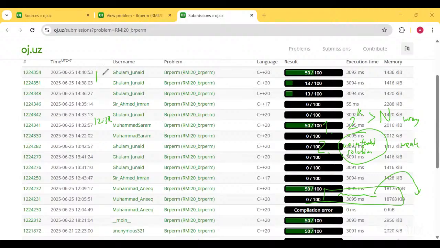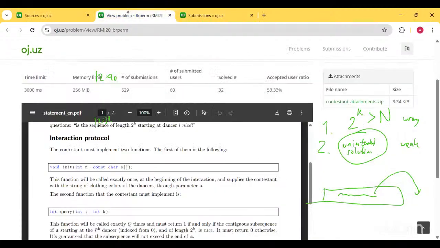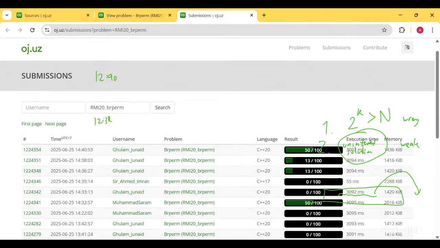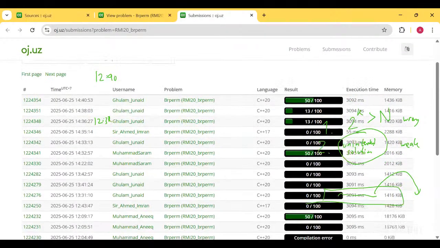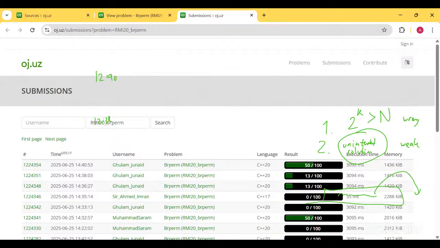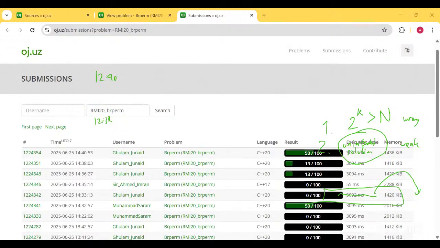So when did you start the contest? Okay. All right. Never mind. So it is okay. If you got 50 points, then that is your score. Because in IOI, if there is a weak test case, you still get that point. All right. No problem.